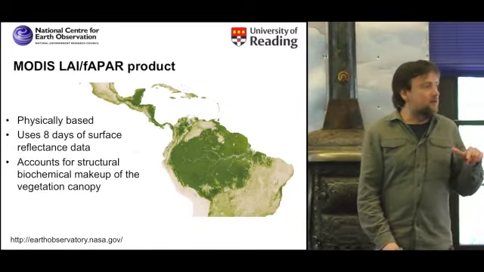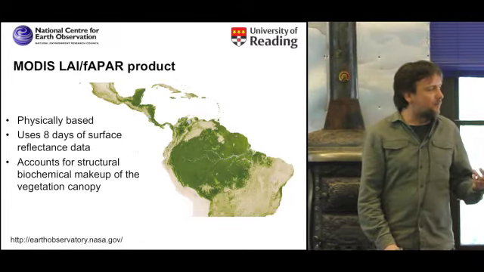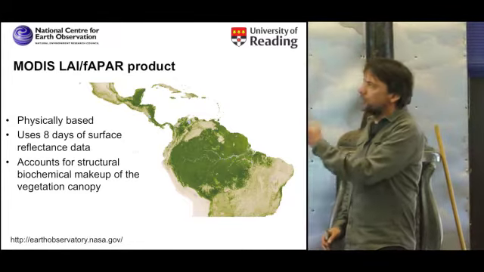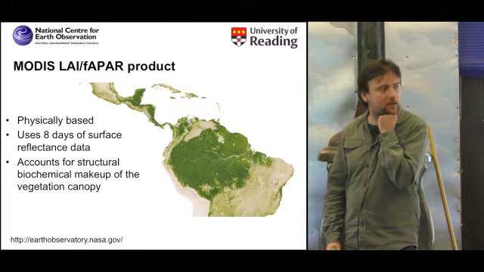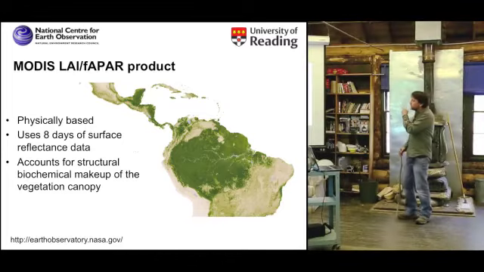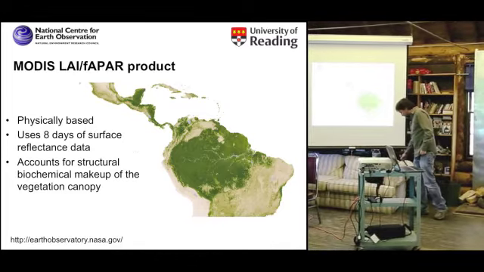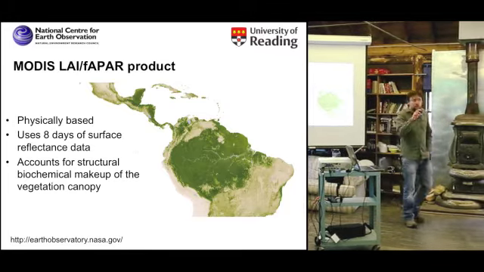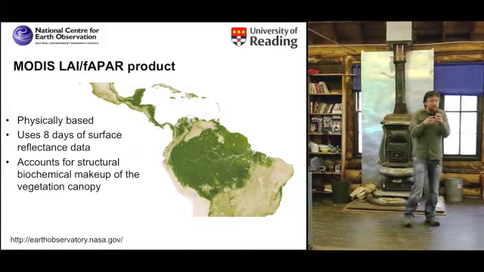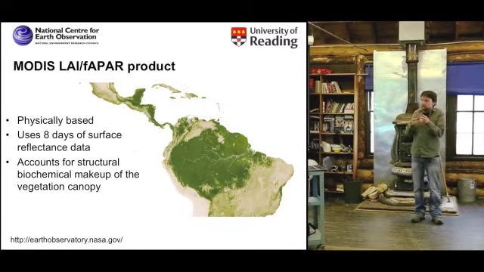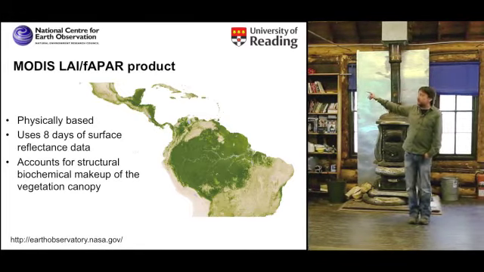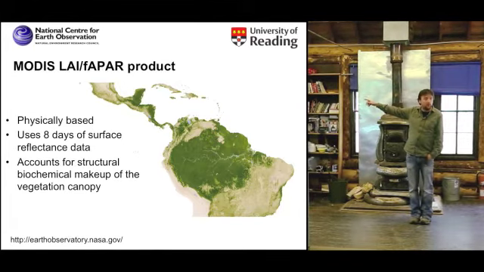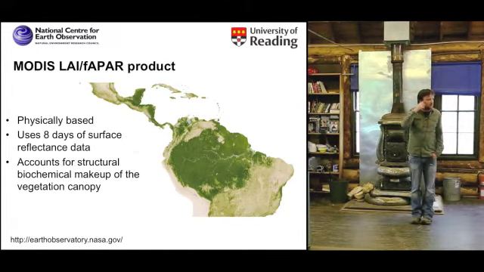It also estimates some of the structural components of the canopy, which then allows us to get, along with the leaf area index, the fraction of absorbed photosynthetic active radiation. But because this algorithm considers those structural components and has leaves that reflect light in a way, the LAI you get from this algorithm will not give you the same FAPAR as it would if you just plugged that LAI into Beer's law.